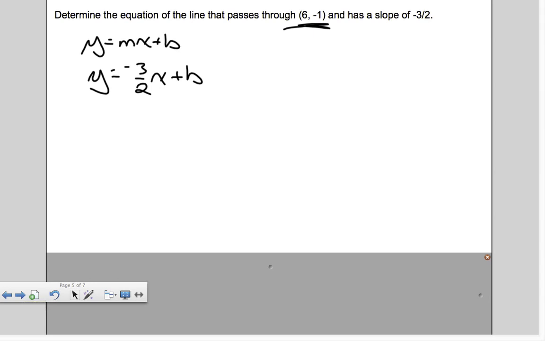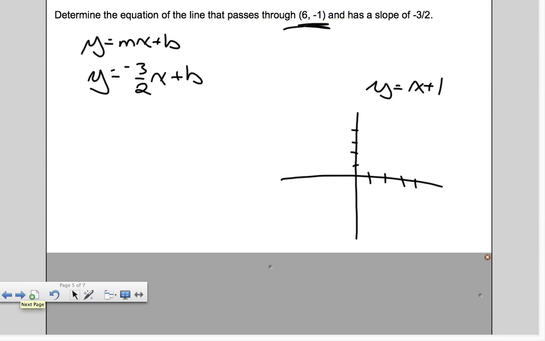If I want to demonstrate this, if I had y is equal to x plus 1, and wanted to graph this, when x is 0, what's y?